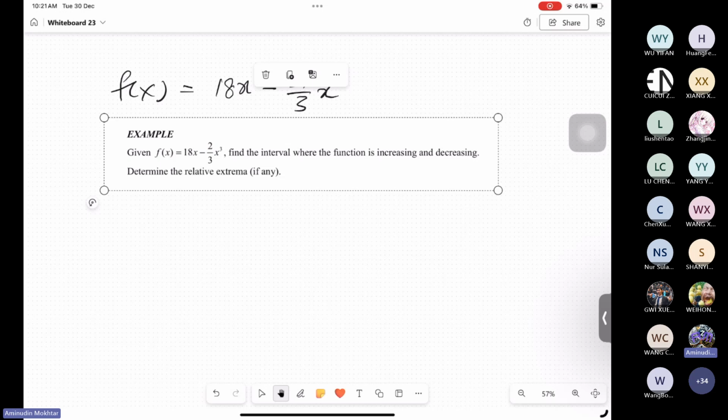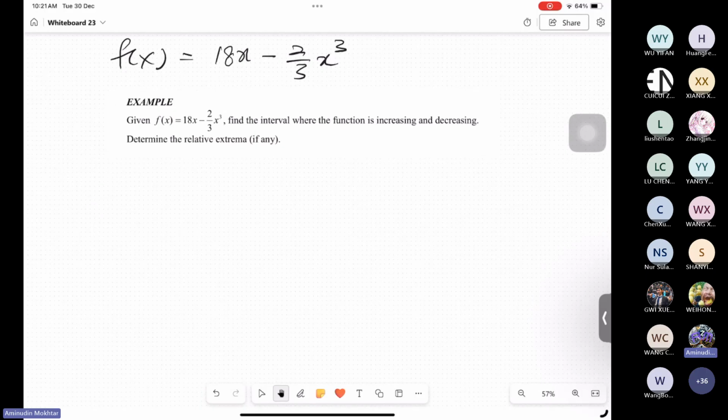The first derivative of f(x) equal to 18x minus 2 over 3 x to the power of 3 is equal to 18 minus 2x squared.